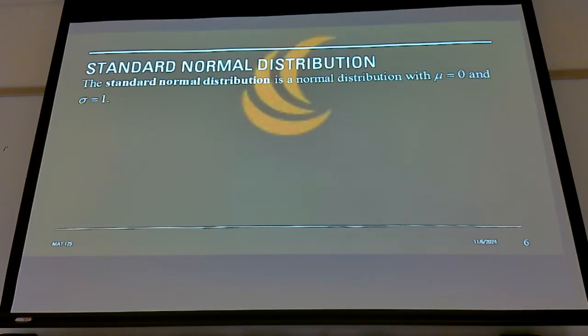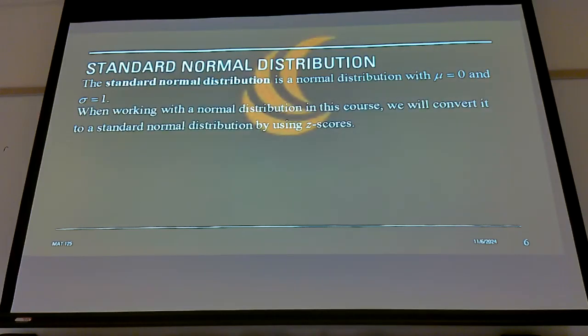Whenever we're working with a normal random variable in this course, we will have to convert it to standard normal. This is called standardizing the distribution. And we do so by the use of z-scores, which again we studied earlier.